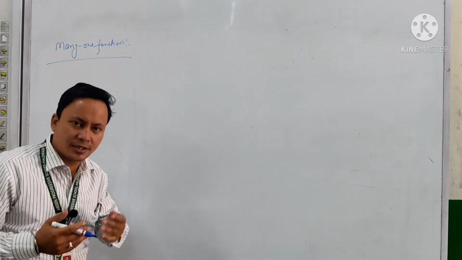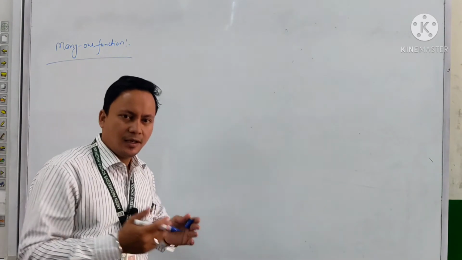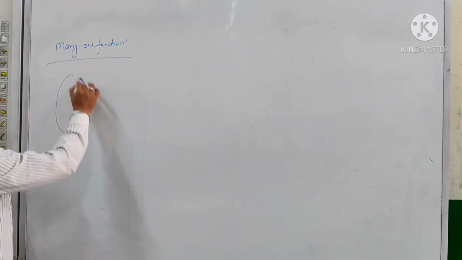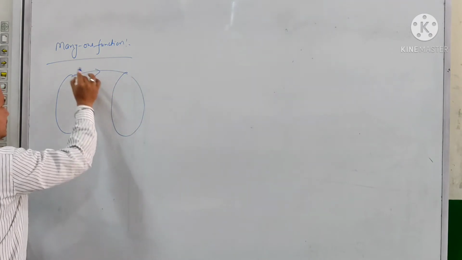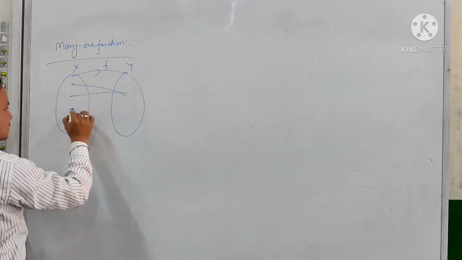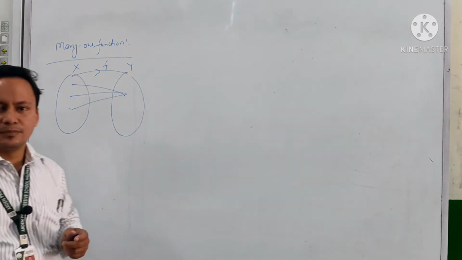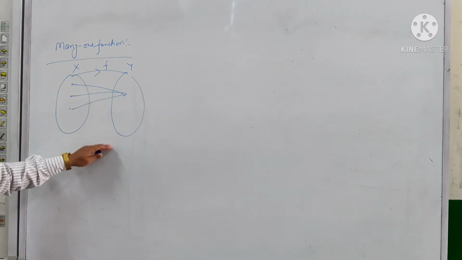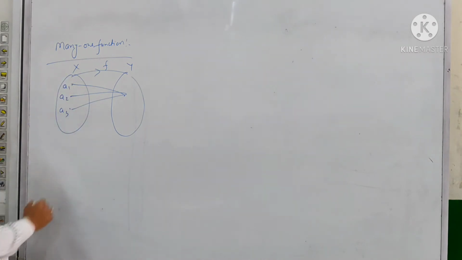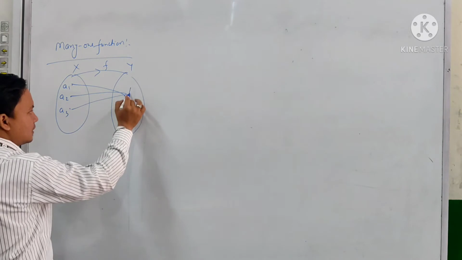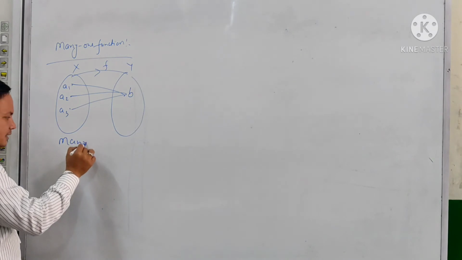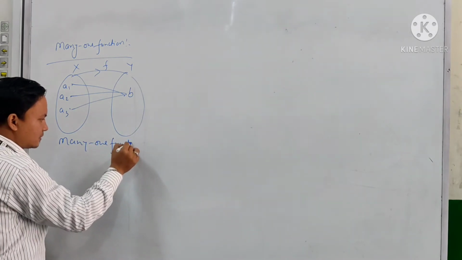It means that if the association between the elements of set x and elements of set y is not 1-1, if the association of the elements of set x and y is not a 1-to-1 association, then such an association is known as many-one association. Now you can clearly see from this pictorial diagram that there are 3 elements A1, A2 and A3 in set x, and all 3 elements have a unique image B in set y. So such a relation is known as a many-one function.